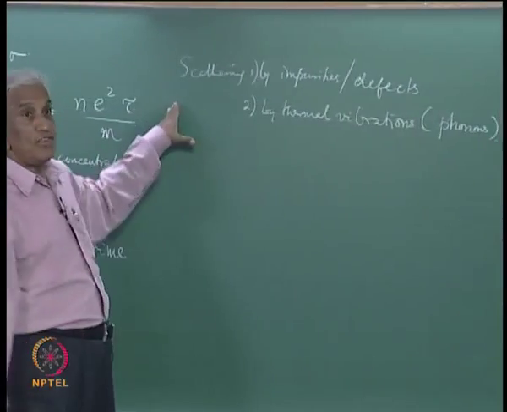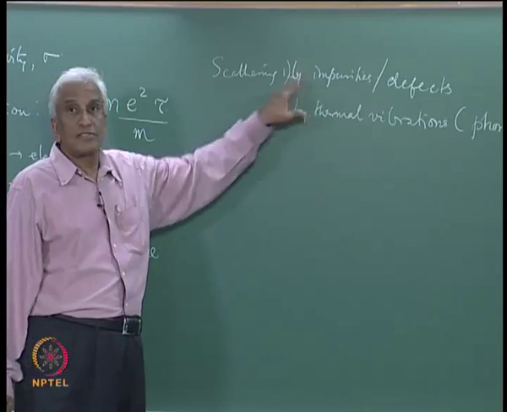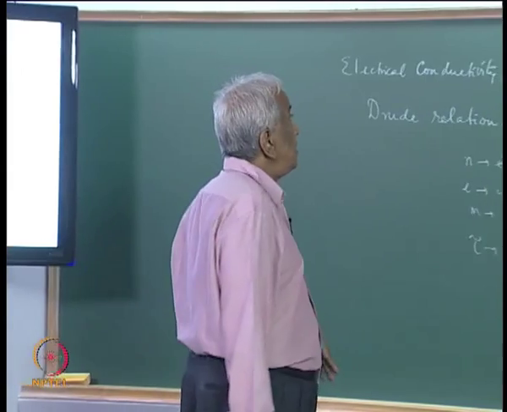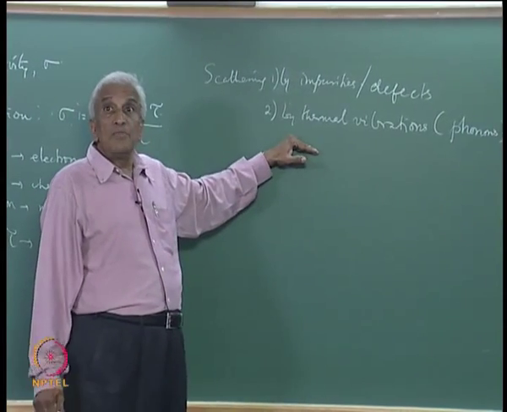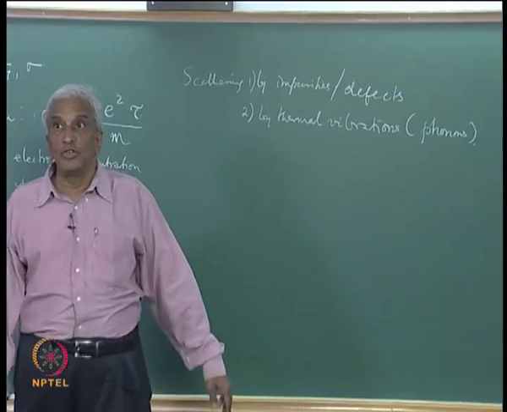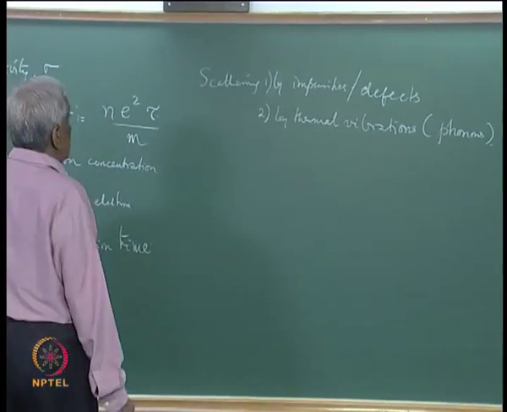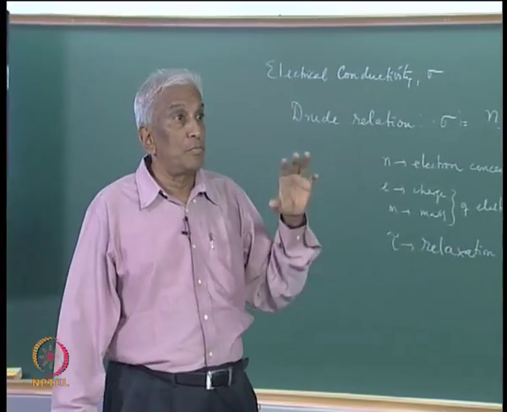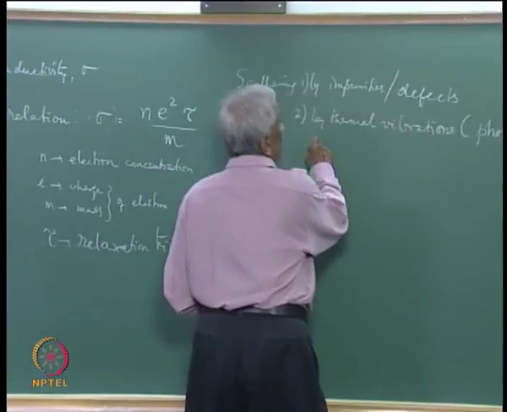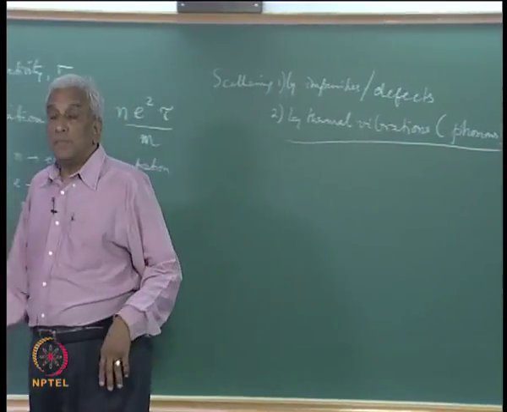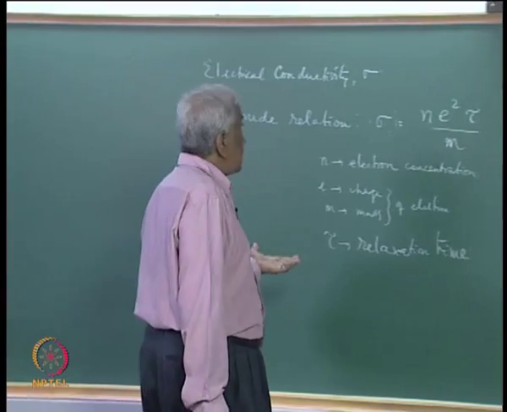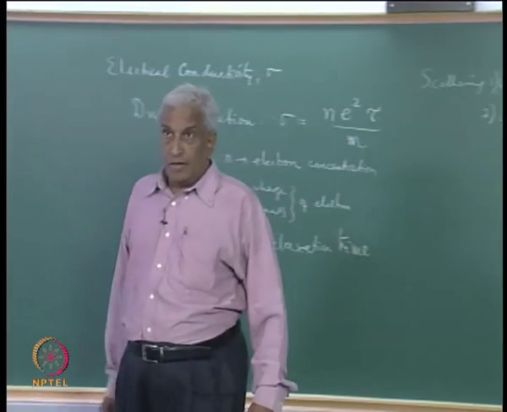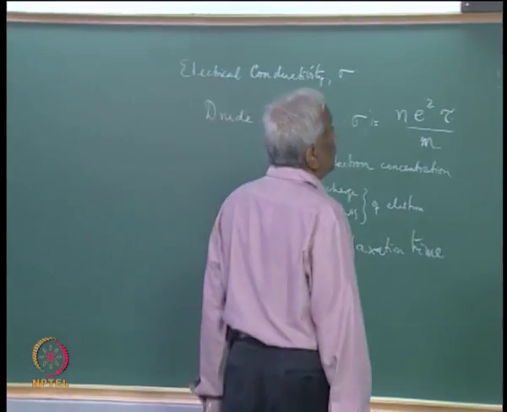Now, these are the two principal mechanisms, and the defect scattering is not very strongly dependent on the temperature in comparison to the temperature dependence of the thermal vibrations. So, the phonon scattering is very strongly influenced, and the linear temperature dependence of the electrical resistance of a pure metal arises principally from the linear temperature dependence of the relaxation time for the scattering of the electron gas by phonons.